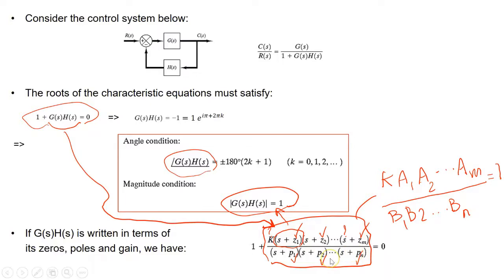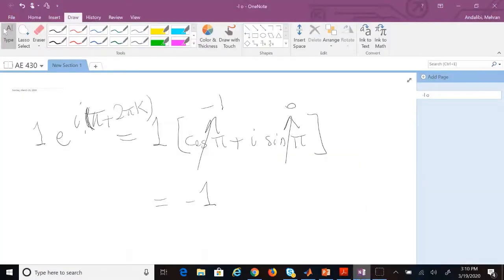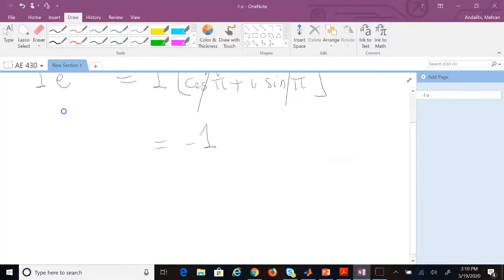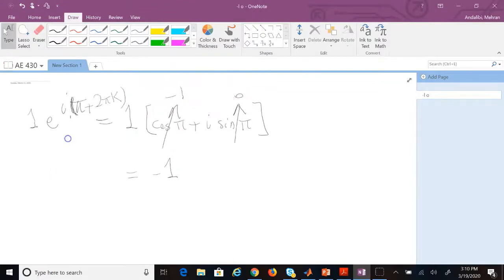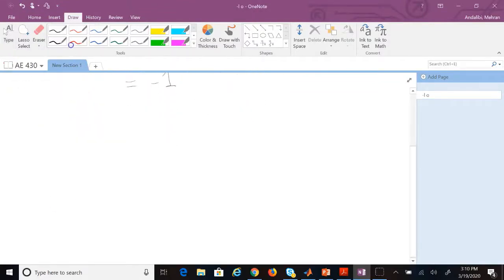So let me show you one example very fast before I go back, because I want to make sure that we are all on the same page. So here, let's say I have 2 times (i plus 1) divided by (i minus 3), right?